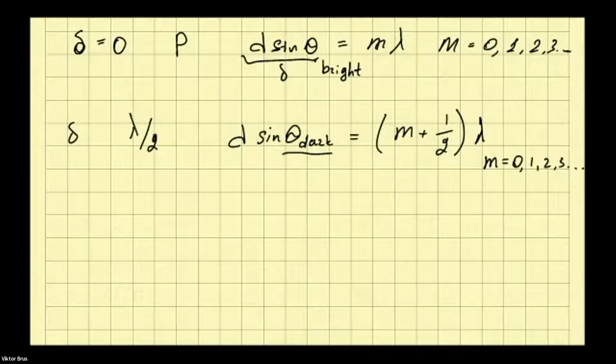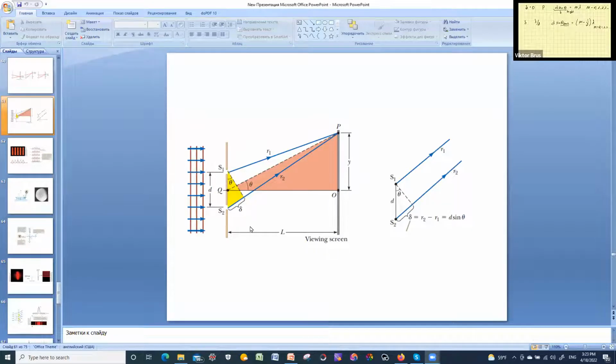So the linear position of these fringes along the screen can be related with angular position. So from this image, let me share it again, we have L, the distance from the slits to the screen. Here is this horizontal line which goes through the middle point between two slits.